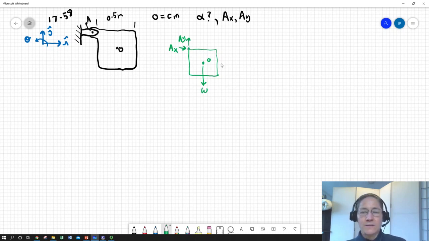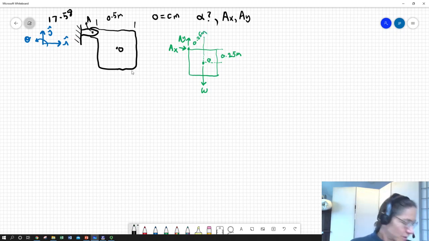Okay, we'll put a little bit of dimensioning here. This will get important. Given that this is a square, that's 0.25, and we have 0.25. And I think we were given a mass for the plate. Yes, we have.